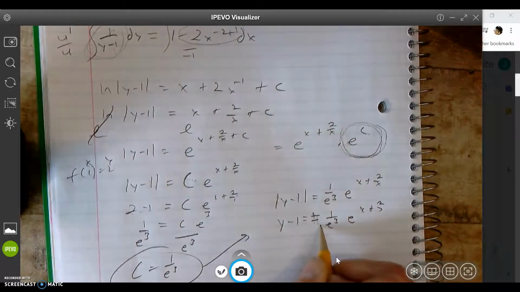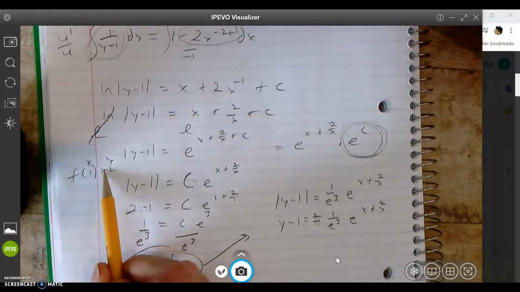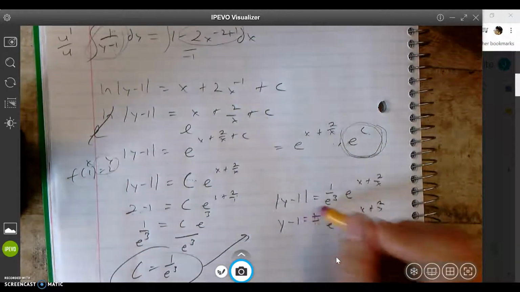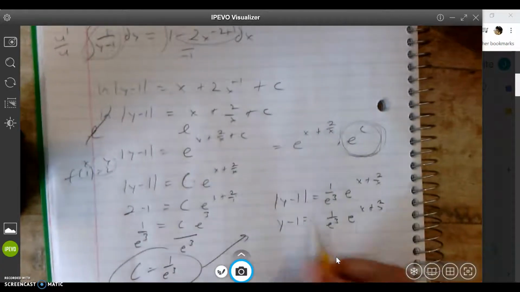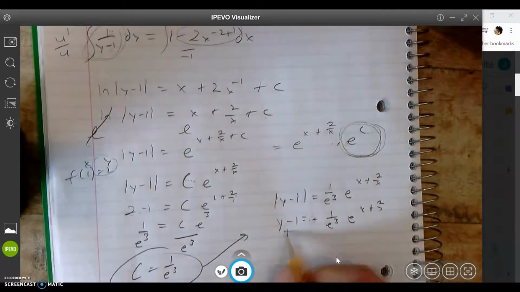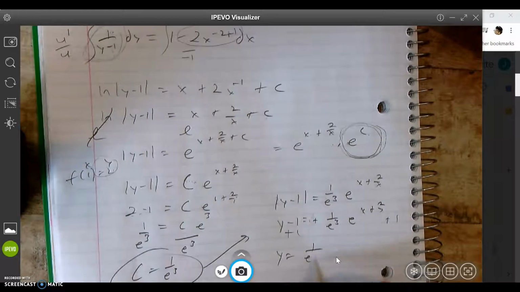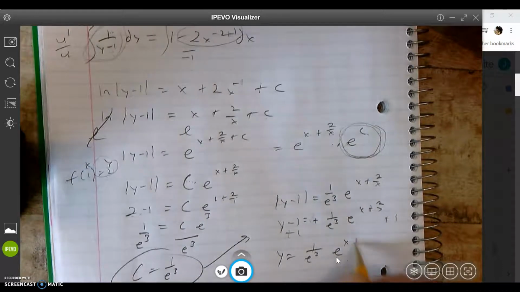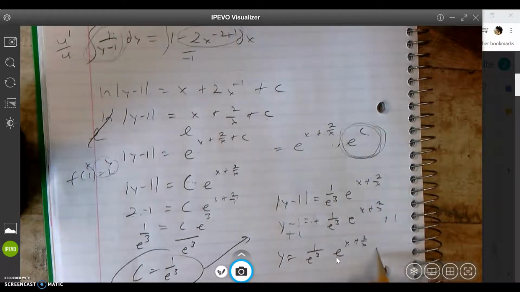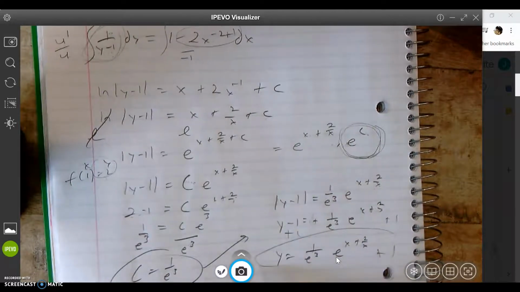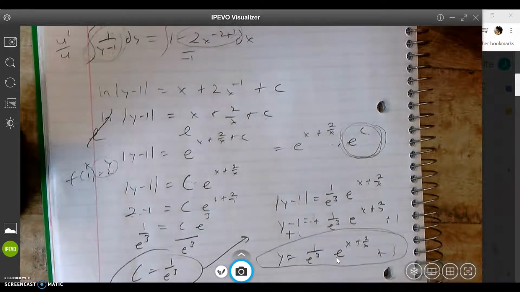What do I use, the positive or negative? Look at the initial condition. Y is positive, so I'm going to use just the positive version. Cool. Now I got to add 1 to finish. And so y equals 1 over e to the third times e to the x plus 2 over x plus 1. There we go. Cool.